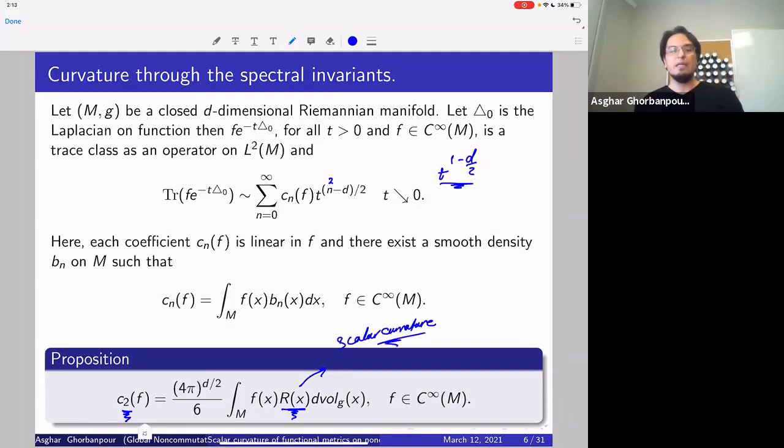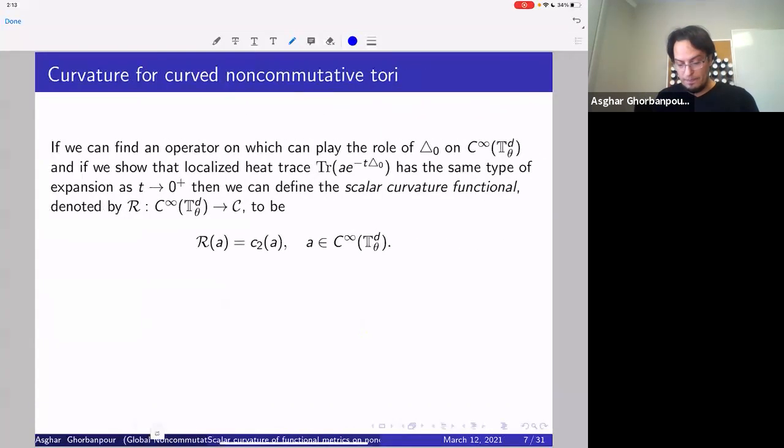And this is the idea that can be applied in the case of the non-commutative torus. A few things have been done, and we're trying to see what those are.